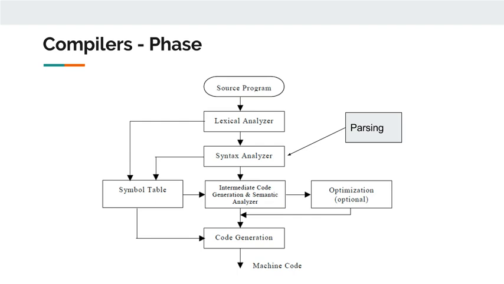The lexical analysis does its job and then passes the information to syntax analysis, then the next step is intermediate code generation, and the last step most of the time is final code generation. But as I said, it's not always those 4 steps.